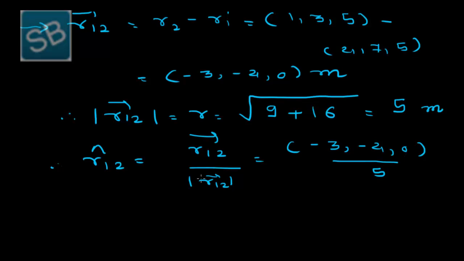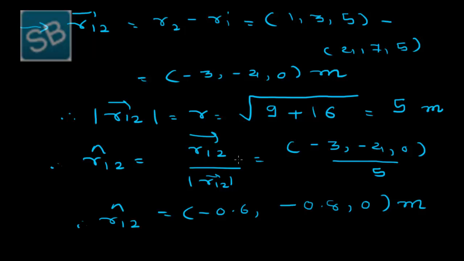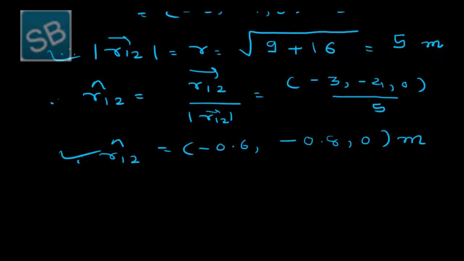So -3 by 5 is -0.6, -4 by 5 is -0.8, and the last coordinate is 0. So this is R12 cap. Substituting the values of this R12 magnitude and R12 cap in the equation of force, that is F12.